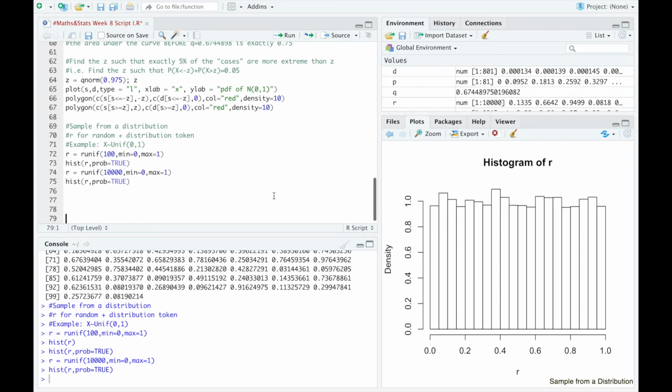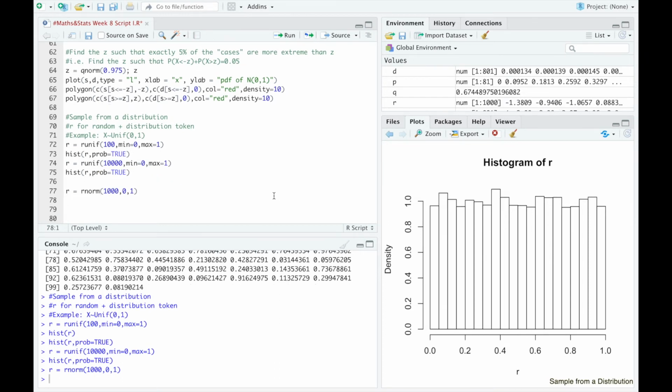Okay, let's make another example. We sample from a normal distribution, so rnorm. We want 1,000 samples, and we want it to be a standard normal distribution, with mean 0 and standard deviation 1.